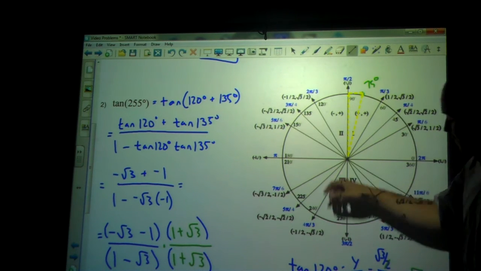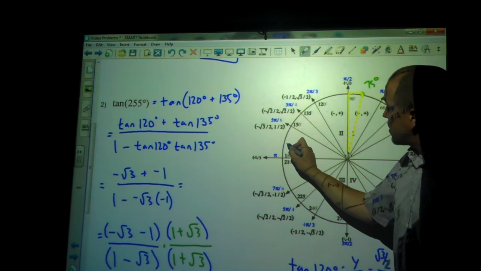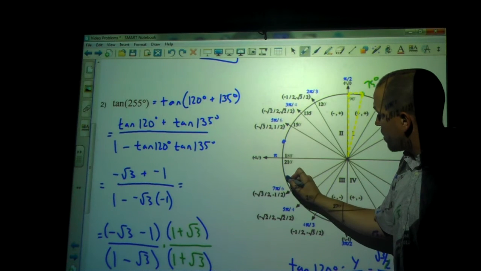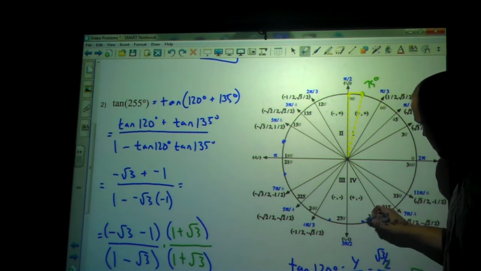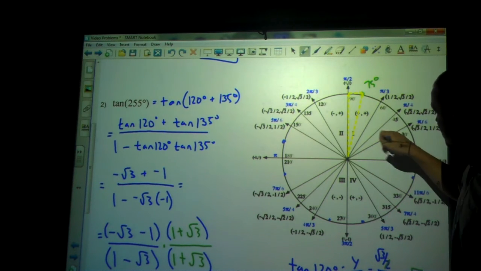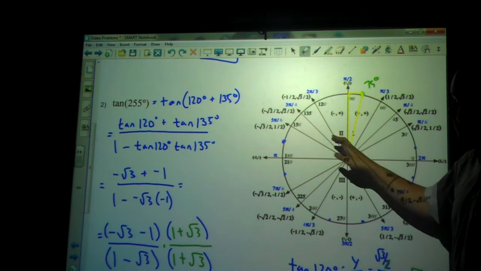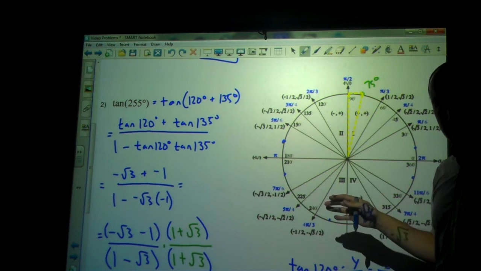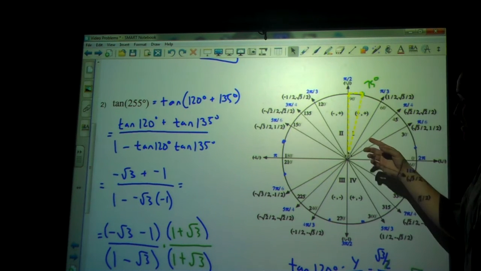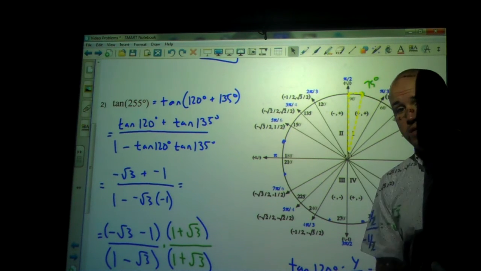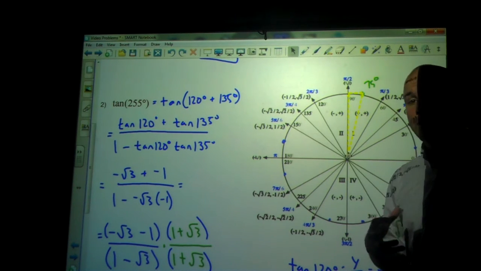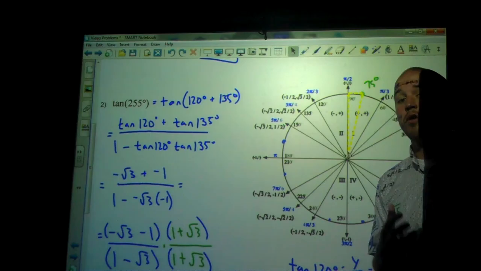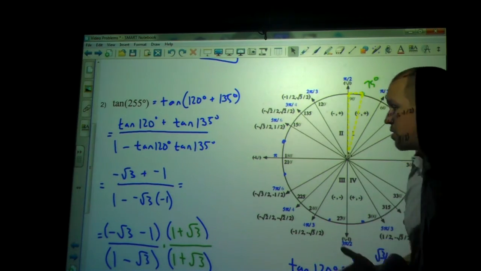And really, if I find sine, cosine, or tangent of any of these points around the circle, these in-between points, it's just the same triangle I just drew, flipped, rotated, but the side lengths are going to be the same. So all the ratios, the sine ratio, the cosine ratio, and the tangent ratio are all going to be a variation of one another, but they're all going to look similar.